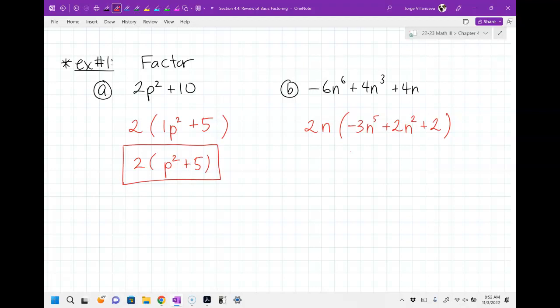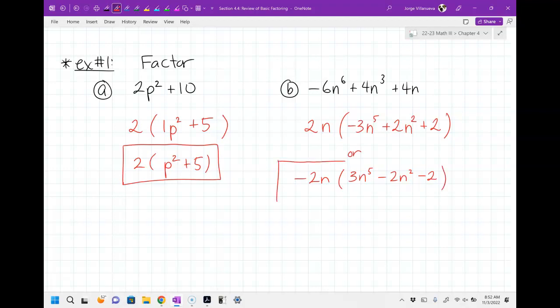Now, I'm going to put "or", because a lot of people don't like to see that leading negative. So what they'll do is they'll factor out the negative. They'll throw it out to the front. So it'll look like this: negative 2n, and every sign on the inside will change. It becomes 3n to the 5th minus 2n squared minus 2.